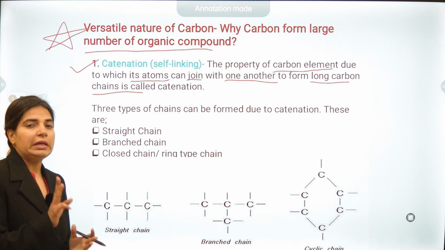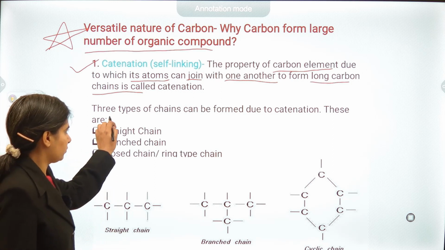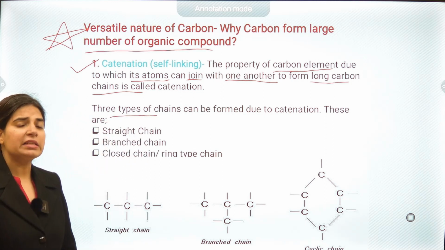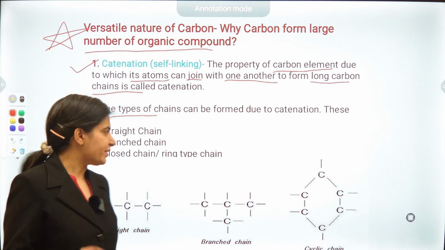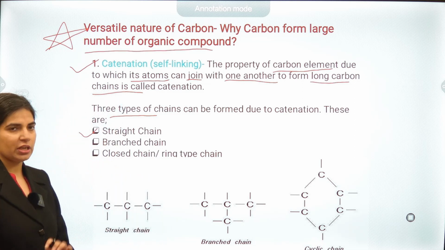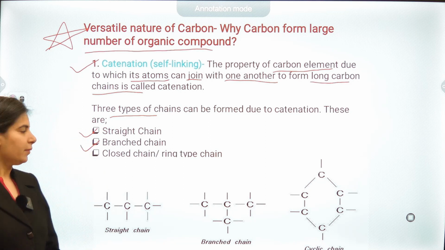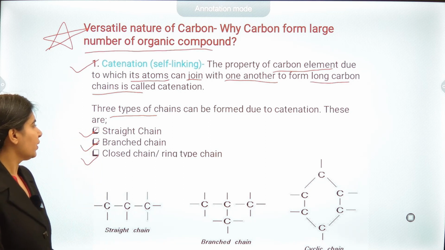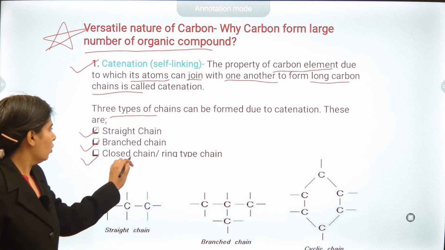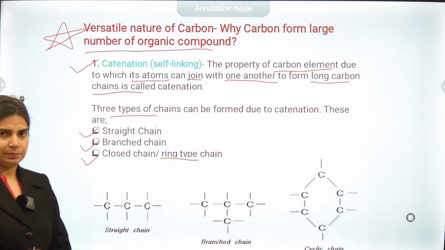Now, we have three kinds of chain that are formed by catenation. The first one is the straight chain. The second one is the branch chain. And the third one is the closed ring or ring type chain.